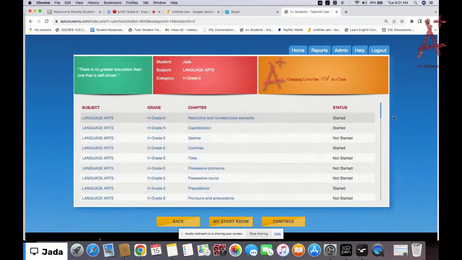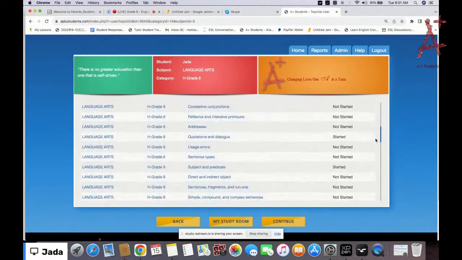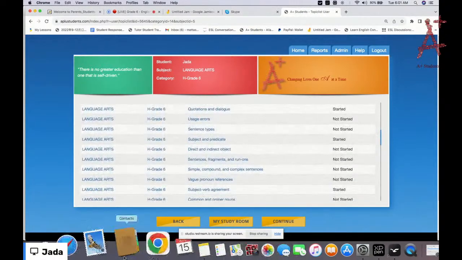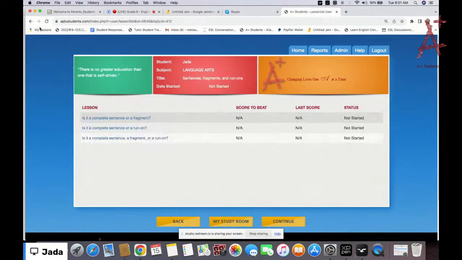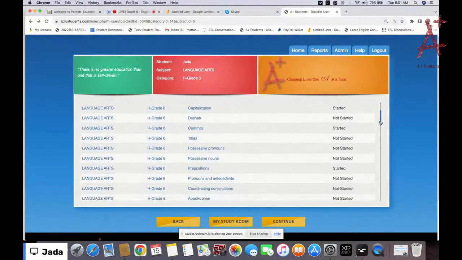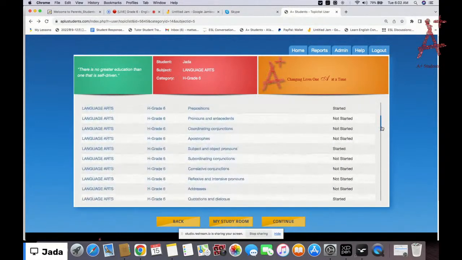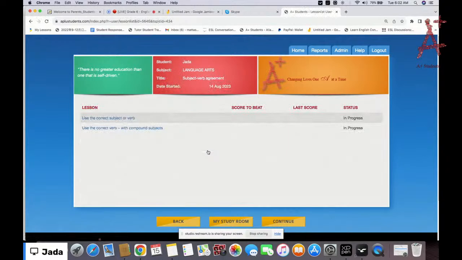All you need to do is scroll down until you find the chapter we're working on, which is the subject verb agreement. So this is it here. So that's what we're working on today.